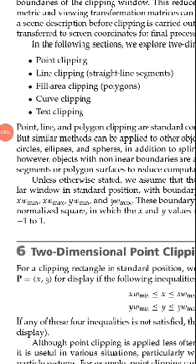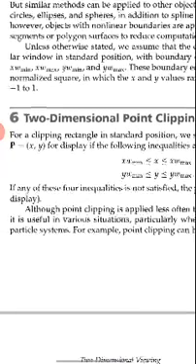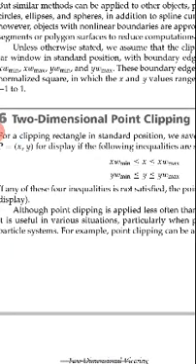And there are a variety of clipping types: point clipping, line clipping, polygon clipping, curve clipping, and text clipping. So let's start discussing the first one, that is point clipping. Normally the clipping will always be done with respect to some reference window, and that window is called a clipping window.